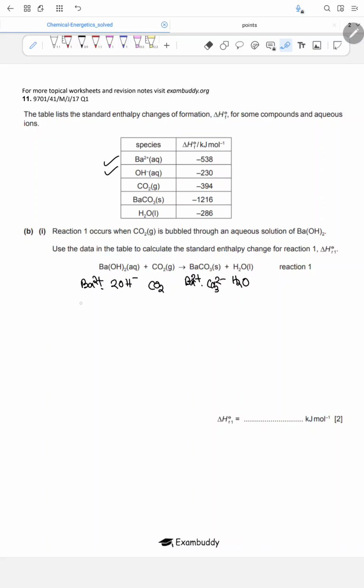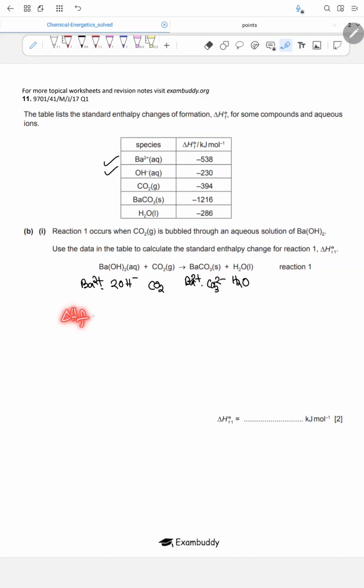So we know when formation is given, it will be product minus reactant. So in product we have formation of water. So you can say enthalpy change of formation of water.